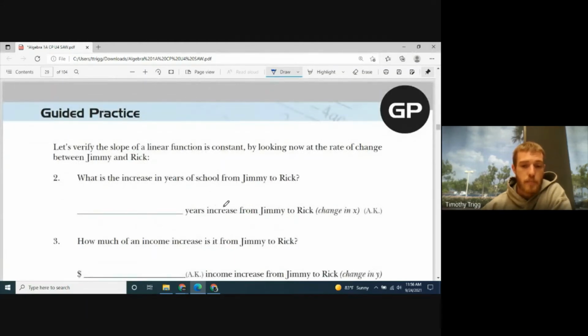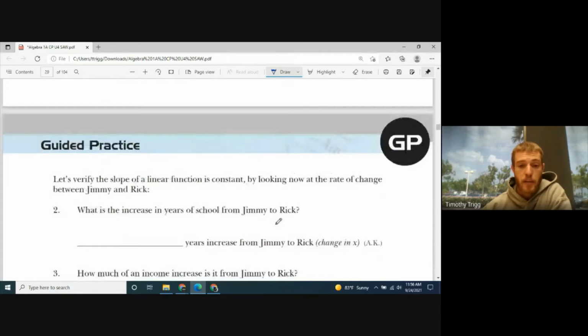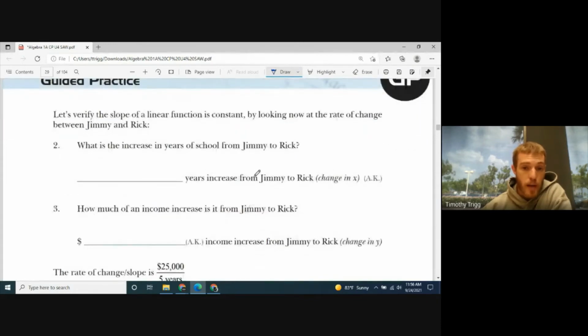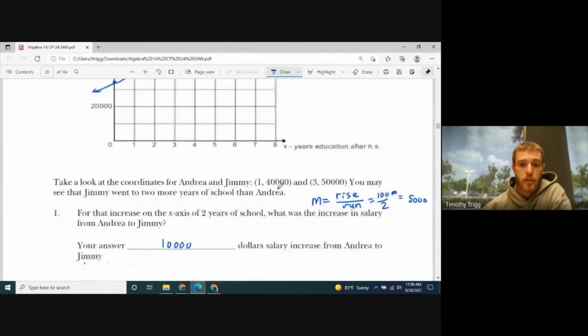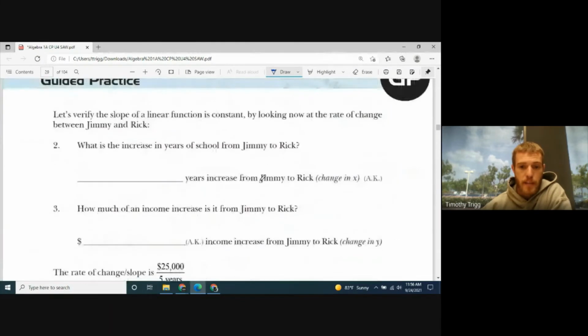Now we should get the same slope no matter which 2 points we pick. So if we're going from Jimmy to Rick, Jimmy's point again was 3, 50000. Maybe don't put a comma here because we use our comma to show the difference between the x and y coordinate. So don't put a comma in 50,000.